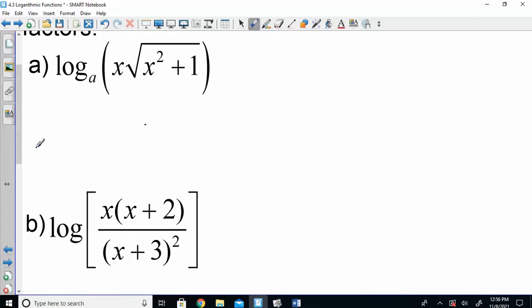So I just want to keep doing the same thing, expanding these same directions. So we have log base A of x times the square root, so when I break those apart, we would add.